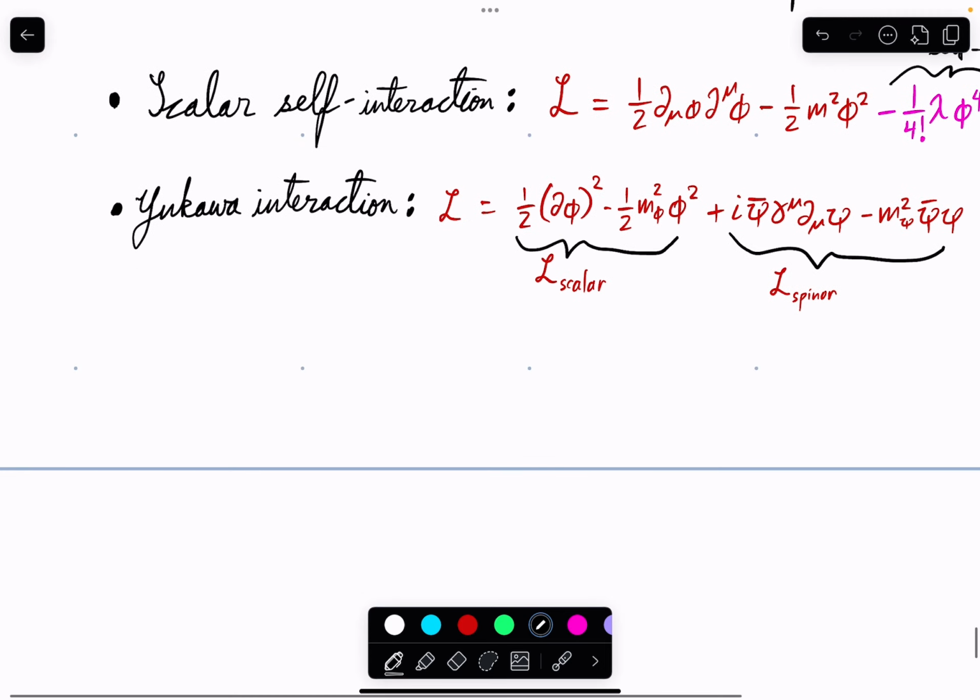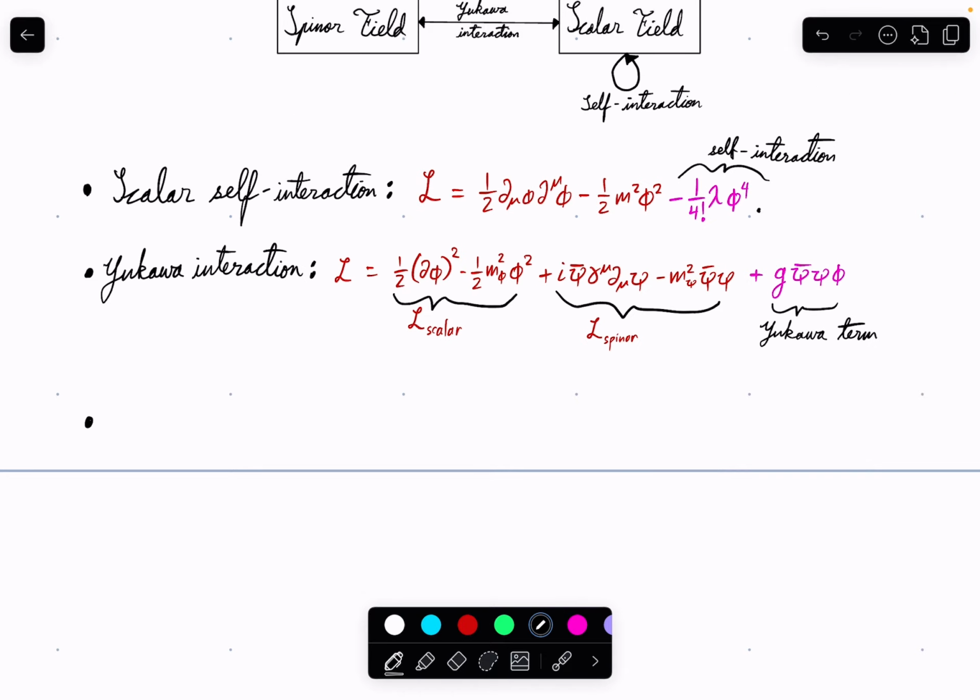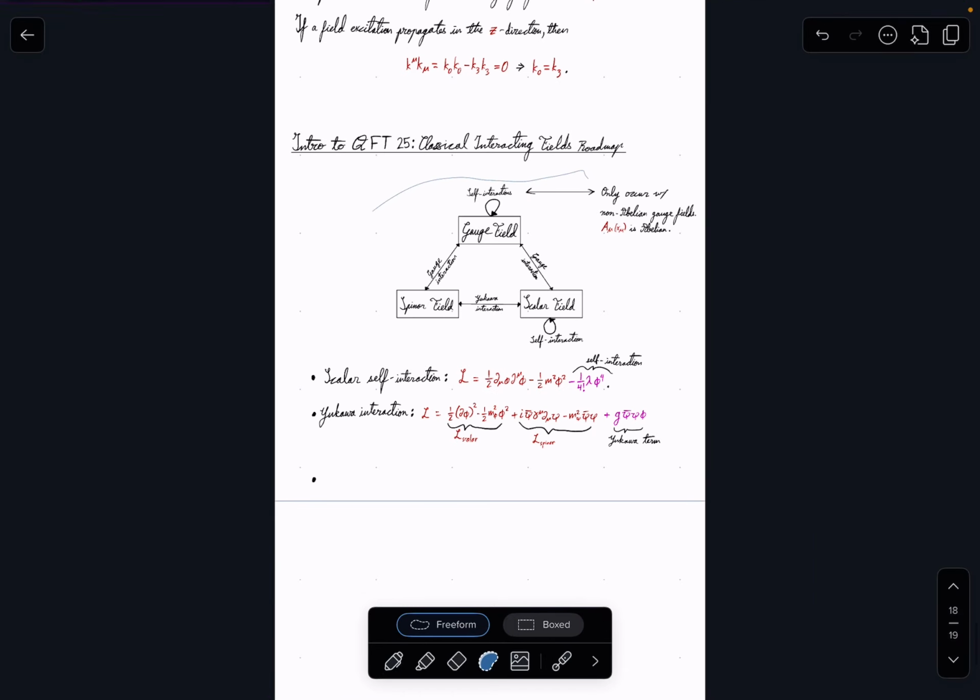And then we'll also look at gauge interactions. Gonna move everything on this up a bit.